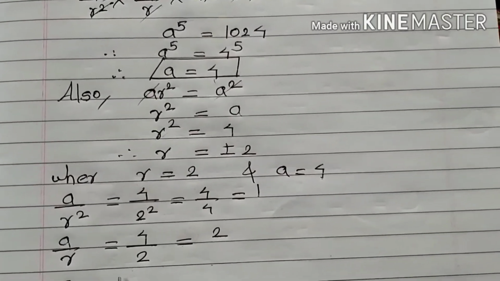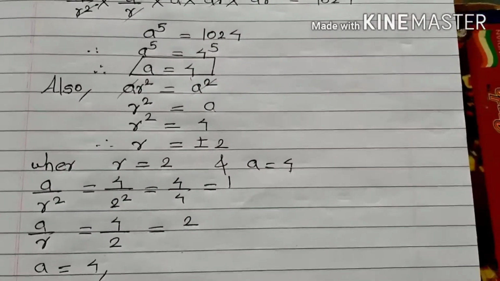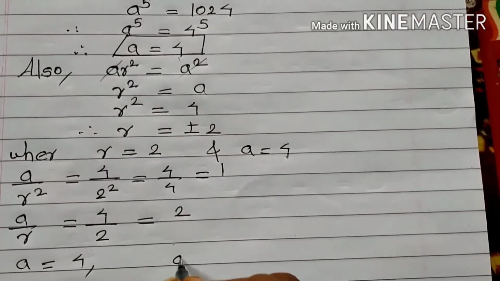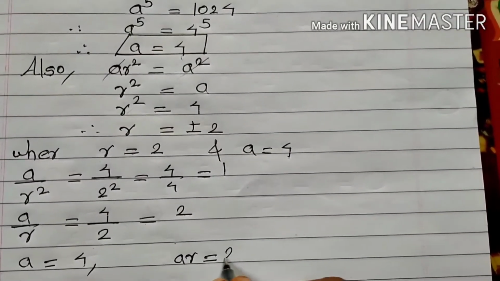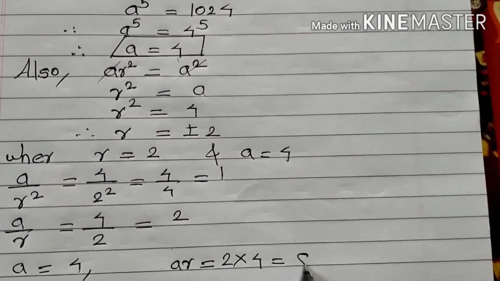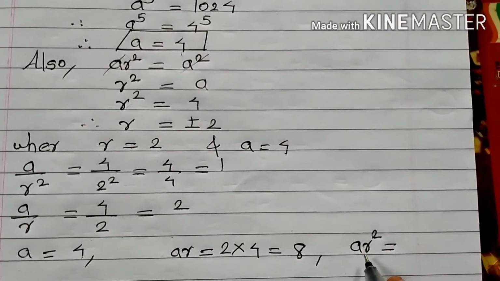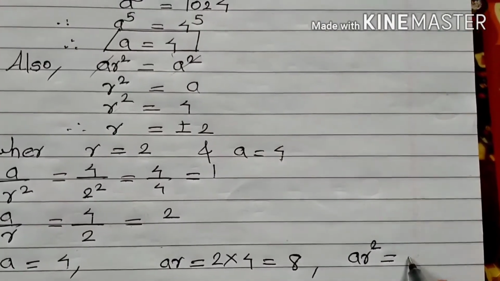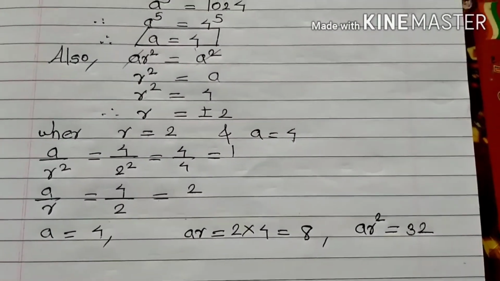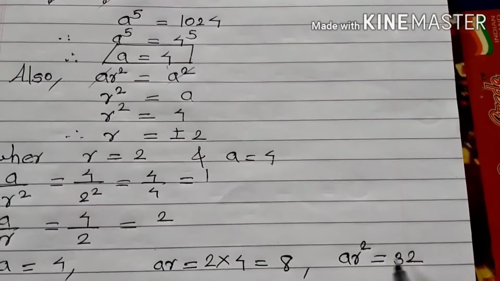A is equal to 4. Next, a into r is 2 into 4, which is equal to 8, and ar square, so it is 2, 4, 16, 32. Sorry, it is 16.